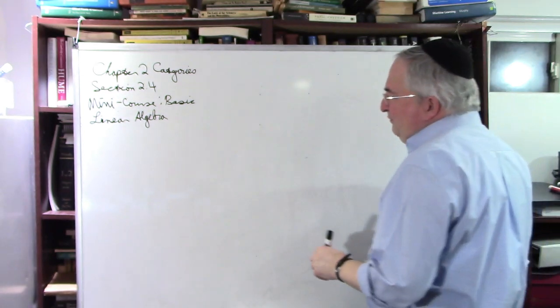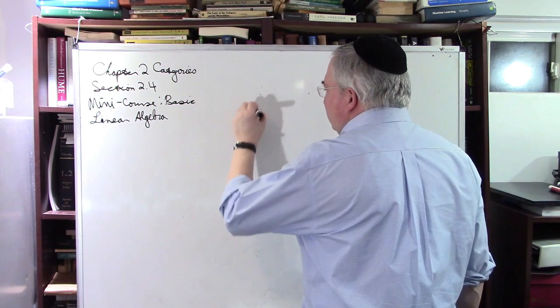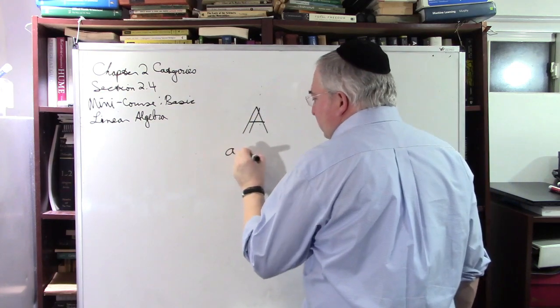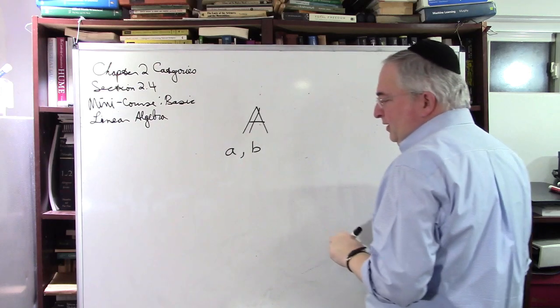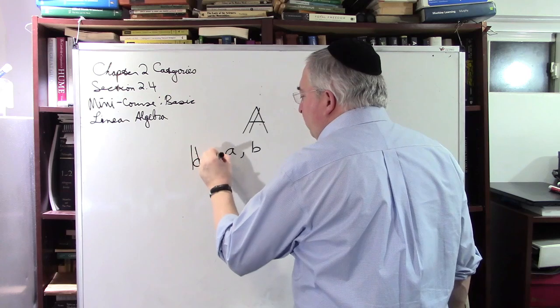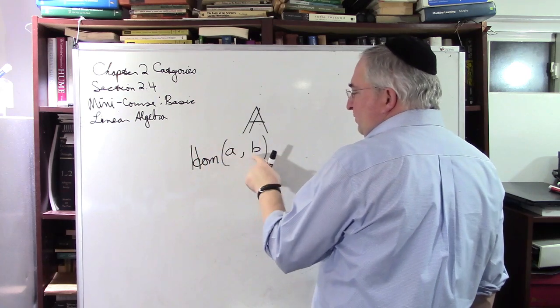Okay, there's a very, very important thing. It says as follows: if you have a category, and you have two objects in the category, A and B, then you can look at the homomorphisms from A to B, the functions from here to here.